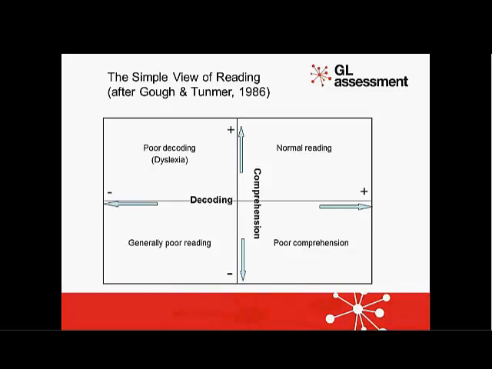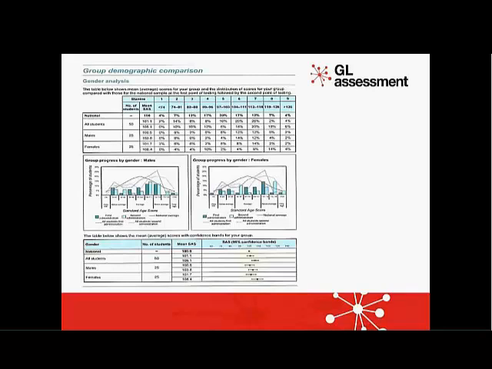Here, I've given you an example of a new group reading test report where we're looking at groups and demographics within your school. This particular example is looking at gender, but you could easily be looking at other areas, SEND or English as an additional language, and so on. Here we have a representation in the graphs in the middle there that show how the boys are doing and how the girls are doing.